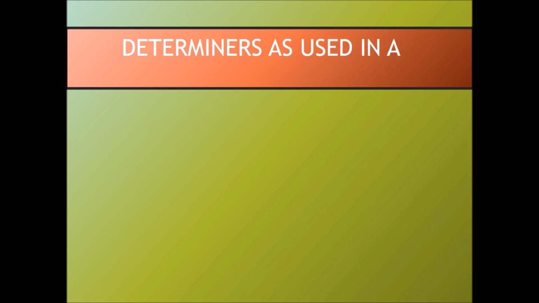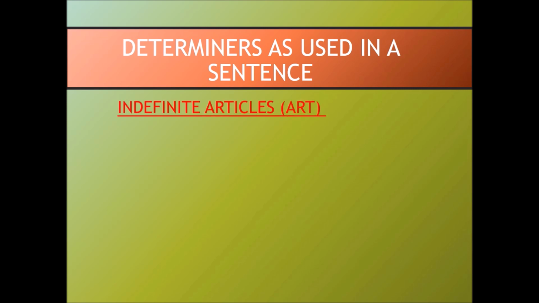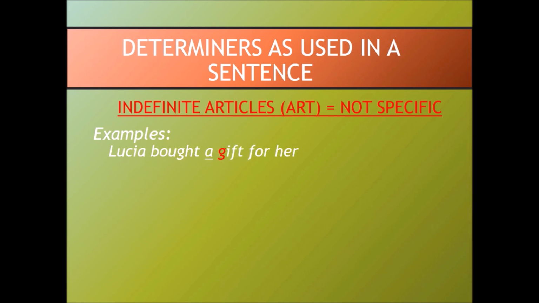Determiners as used in a sentence. Let's have first the indefinite articles. They are not specific. Examples: Lucia bought a gift for her son. So if you see the article there, a is followed by the word gift.